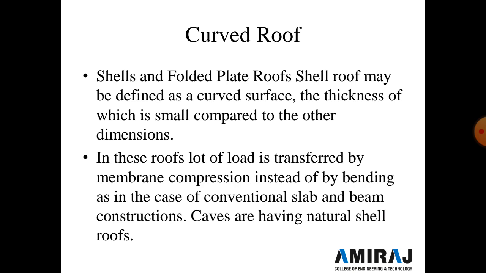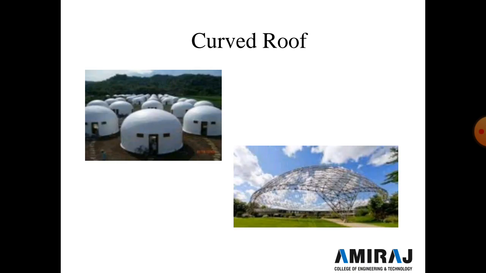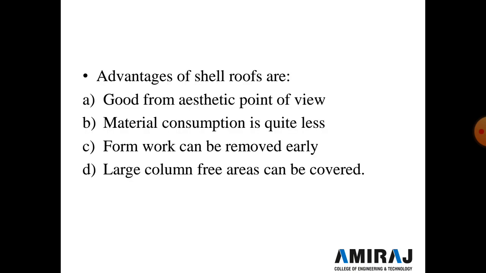In this roof, load is transferred by membrane compression instead of by bending as in the case of a conventional slab and beam. Caves have a natural shell roof. See this figure, cow-shaped roofs are generally constructed for attractive purposes, and some of the advantages of the shell roof are given.